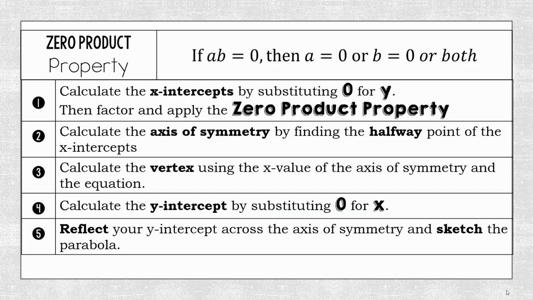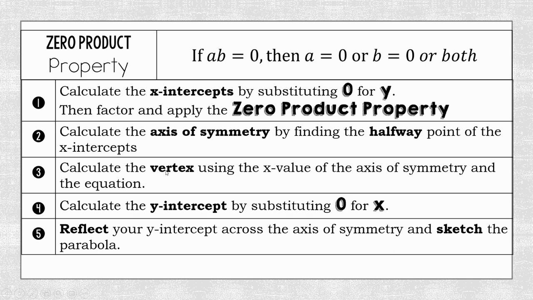Some key concepts to remember if we're going to look for those key features is our zero product property. That says if I'm multiplying two numbers together and the product is zero, then one of them is zero, or maybe both. So we would use that to find our x-intercepts, and then we will calculate our axis of symmetry by finding the halfway point of the x-intercepts.